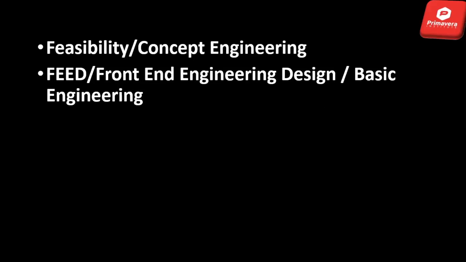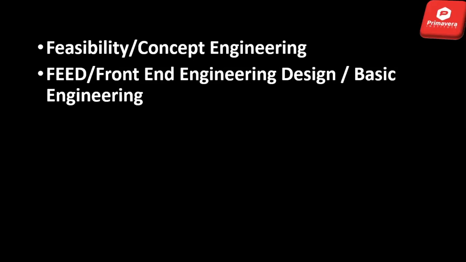Once that consultant is hired, the consultant will prepare one feasibility or concept engineering report for that client. Once that feasibility is done, the other document, FEED, front end engineering design or basic engineering document, will be compiled. In feasibility, you calculate the benefits.